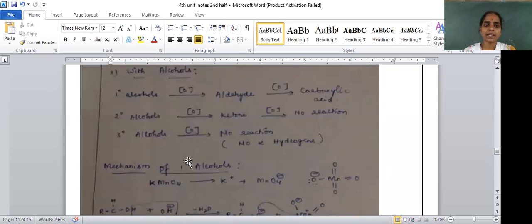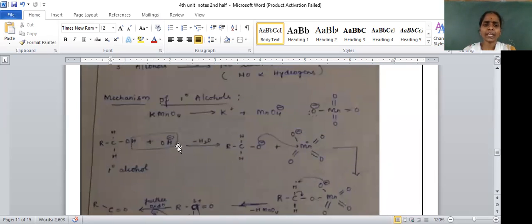If you look at the mechanism, KMnO4 is the oxidizing agent, which liberates ions like the permanganate ion and the potassium K+ ion. Here the primary alcohol reacts with a base.